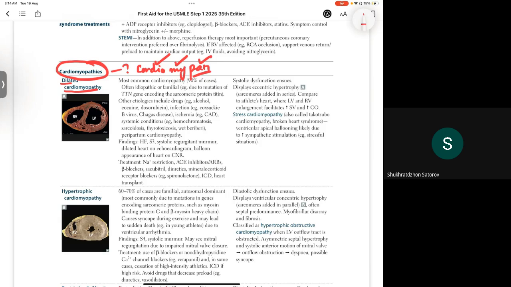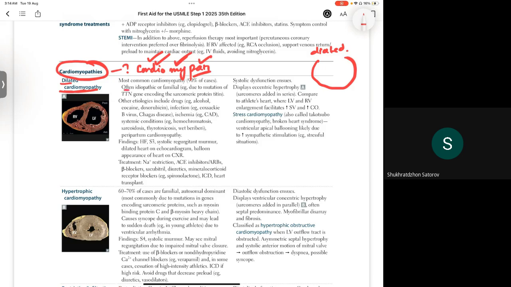It's pathology of heart muscles which leads to a dilated heart. How can we get a dilated heart? Let's do it from our first day. The most common cardiomyopathy is going to be dilated cardiomyopathy. Remember that it's really important.